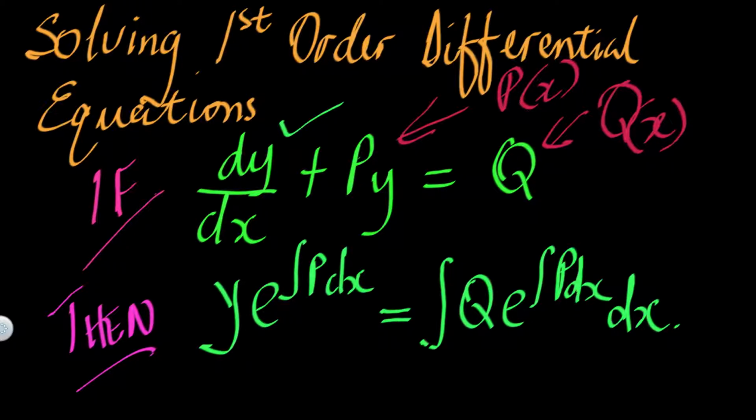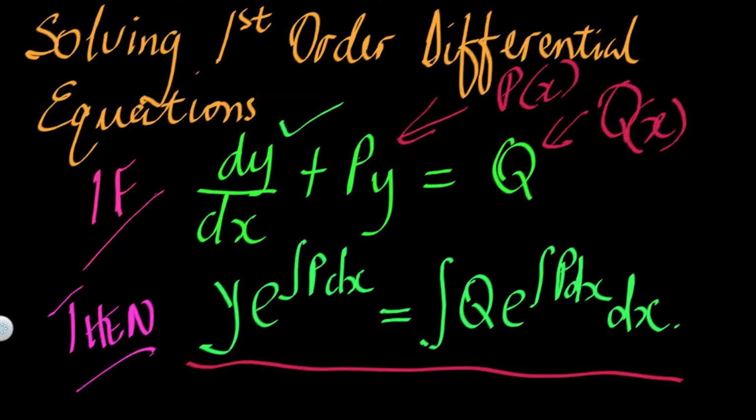If we have a first order differential equation in this format, then the solution is this: y multiplied by e to the power integral of P dx equals the integration of Q times e to the power integral of P dx.